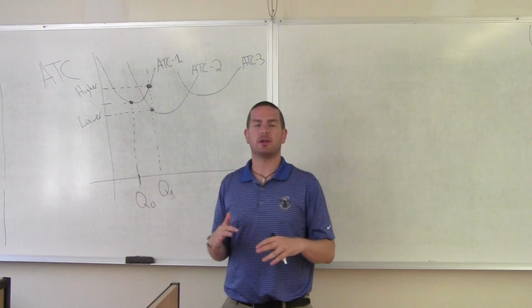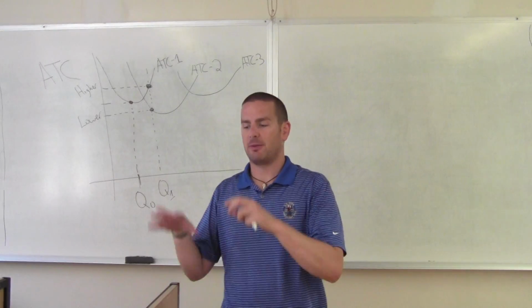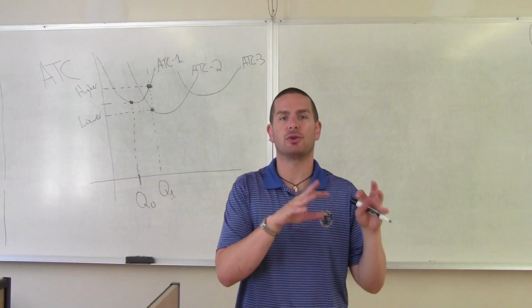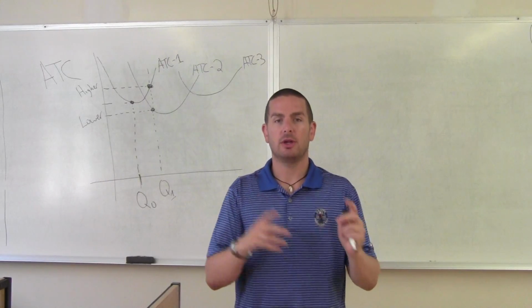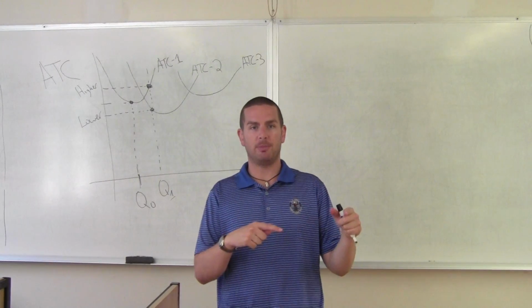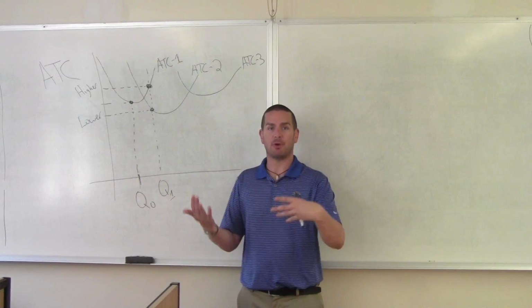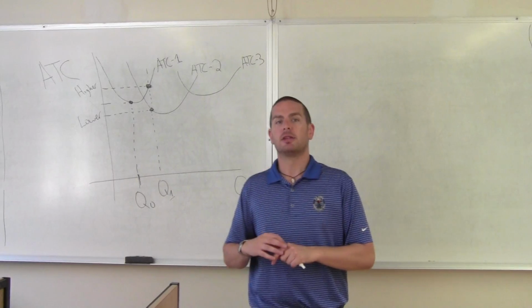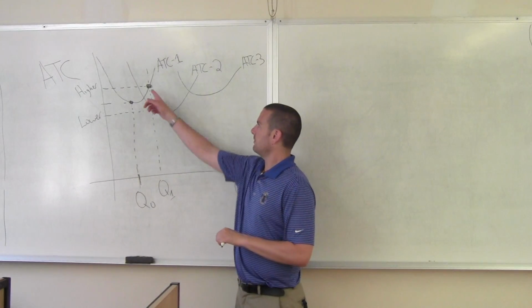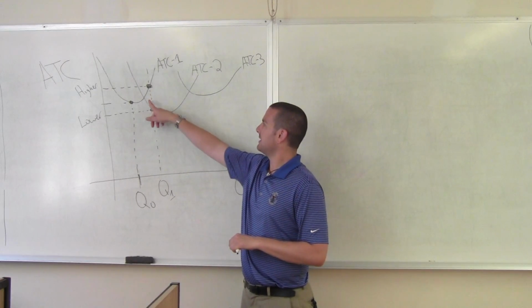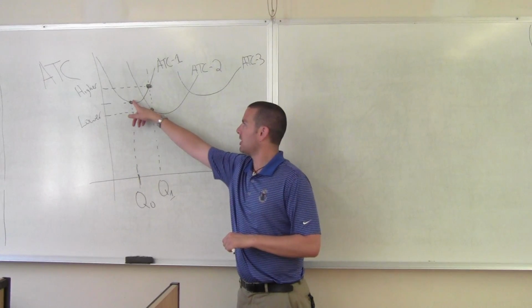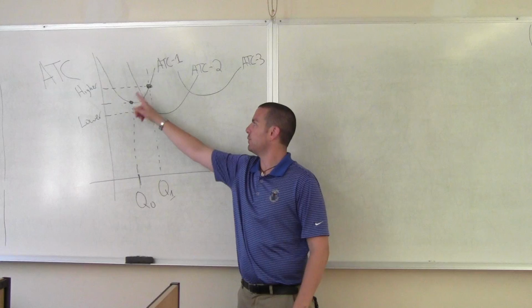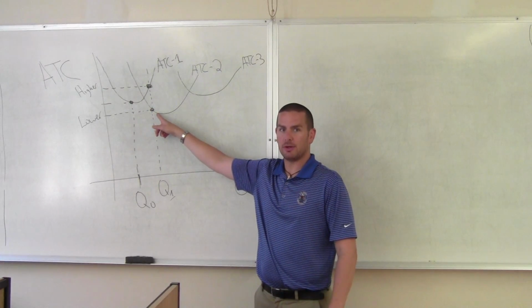In other words, they want to transition from average total cost curve 1 to average total cost curve 2. How do you make that jump? You build more capital. You build another plant, another factory, what have you. The point being, you've jumped your cost curves from here to here. You went from ATC1 to ATC2.